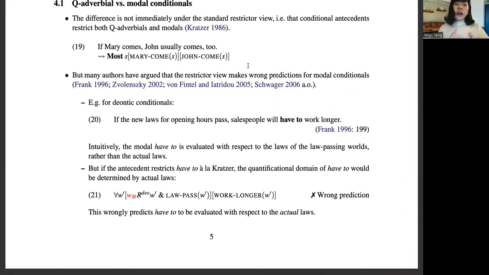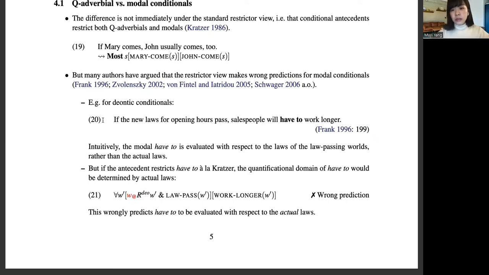However, in the subsequent literature, many authors have argued that the restrictor view seems to make wrong predictions for modal conditionals. One piece of evidence that is often discussed comes from deontic conditionals, for instance the conditional in 20. The sentence says, if the new laws for opening hours pass, salespeople will have to work longer.